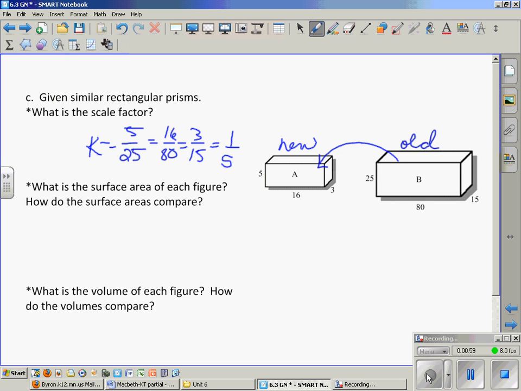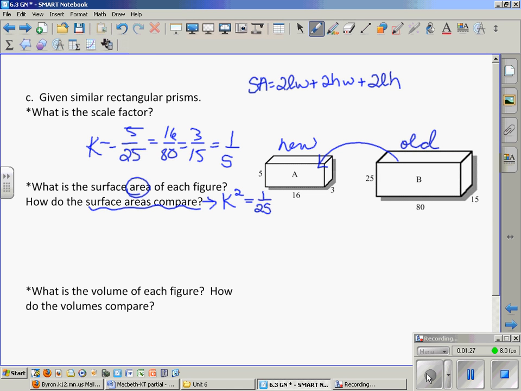Now, surface area of a rectangular prism is kind of a cumbersome formula. Remember, it's 2 times the length and the width plus 2 times the height and the width plus 2 times the length and the height, basically 2 times all the dimensions. We expect, when we get done, that these are going to compare by a factor of k squared, which will be 1/25.